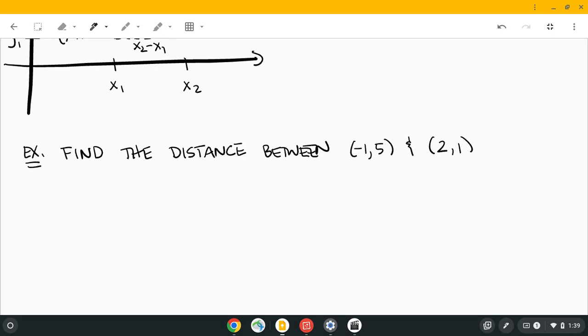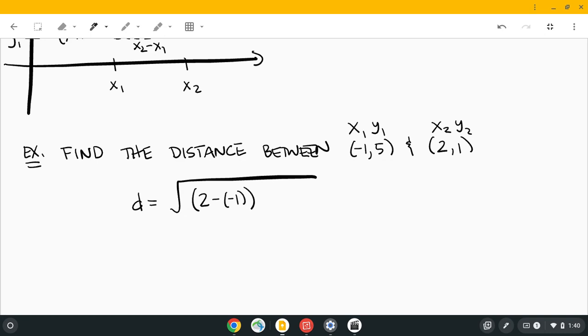All right, I'm going to let this one be our first point, so I'll call that x1 and y1. And this will be our second point, so I'll call that x2 and y2. So my distance is going to be the square root of x2 minus x1 squared plus y2, which is 1, minus y1, which is 5, squared.